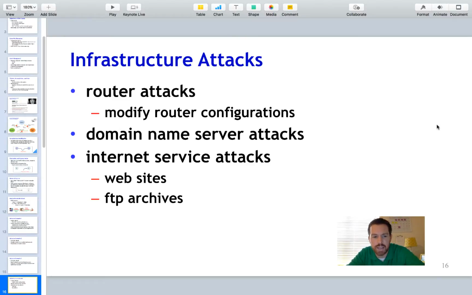Internet service attacks, websites, FTP archives. People still have FTP open to the internet. And again, we're going to go over this. FTP and Telnet and HTTP are clear text protocols. What that means is, if someone is using FTP, Telnet, or HTTP, and they're logging into something, and I'm on that same network, or let's say you're in a coffee shop or at the airport, somewhere where there's public Wi-Fi, and somebody else is on that same network with you, and you decide, you know what, I need to log into my bank, I need to log into my workplace, and you're using FTP, HTTP, or Telnet, it's in clear text.